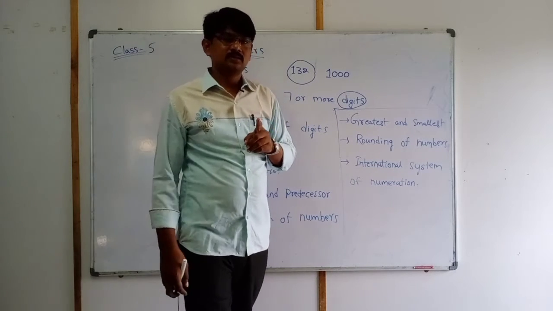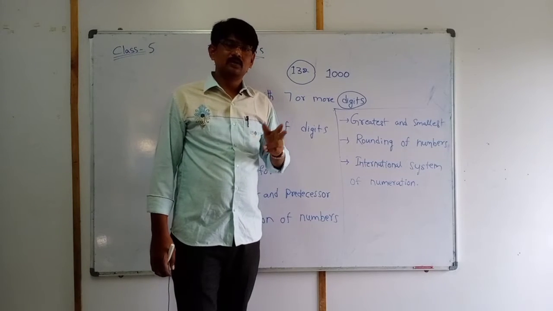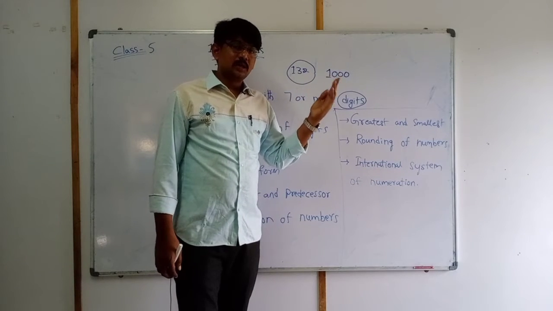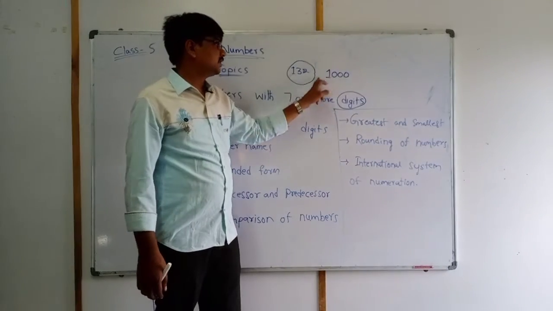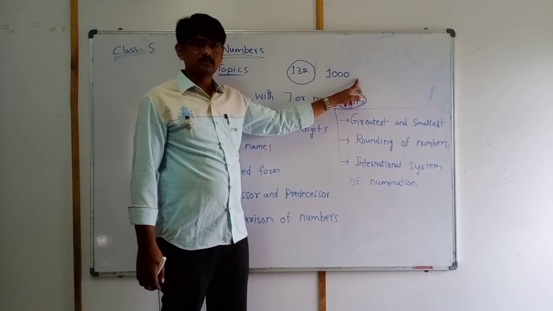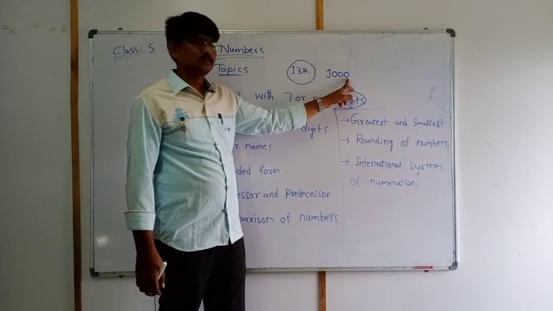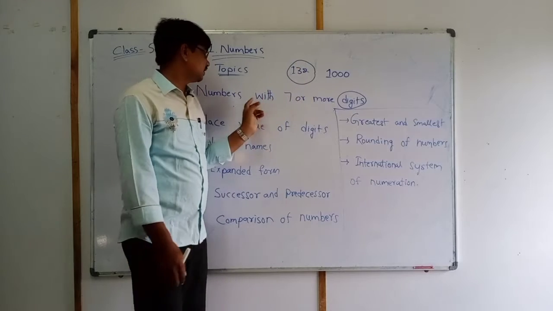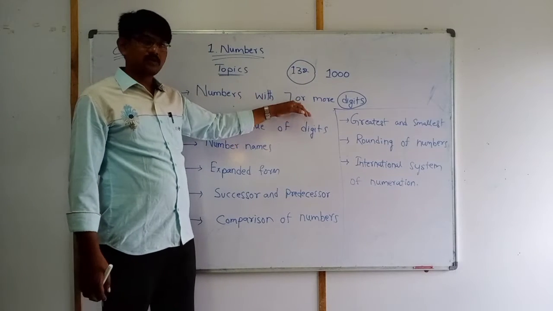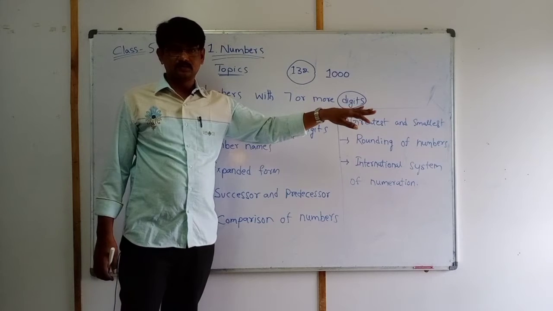Okay, students, are you finding the difference between number and digits? Total is called number. Every individual is called digit. Clear? So in this lesson you are going to learn about 7 or more digits.